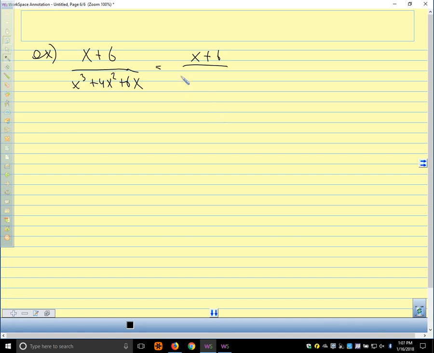We have a common factor of x. All right, can we factor x squared plus 4x plus 6? The only factors of 6 are 6 and 1 and 2 and 3. And we can't combine those to get a 4, right? Nope, so if we can't factor it, we just leave it like this.